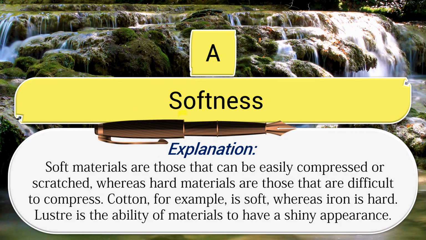The answer is softness. Soft materials are those that can be easily compressed or scratched, whereas hard materials are those that are difficult to compress. For example, cotton is soft, whereas iron is hard. Lustre is the ability of the material to have shiny appearance.